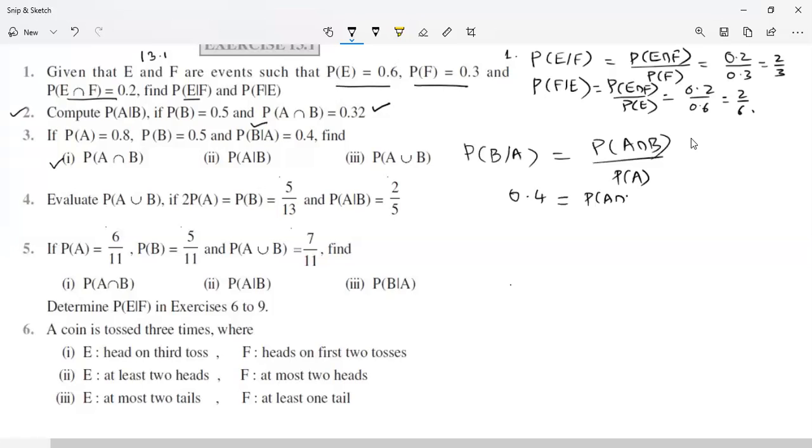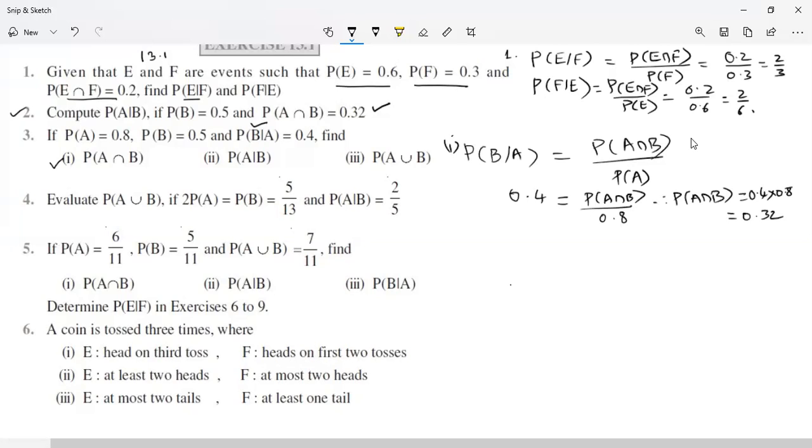And probability of A is 0.8. So therefore the probability of A intersection B will be equal to the product of 0.5 into 0.8. So 8 fives are 40, so 0.32. First part.